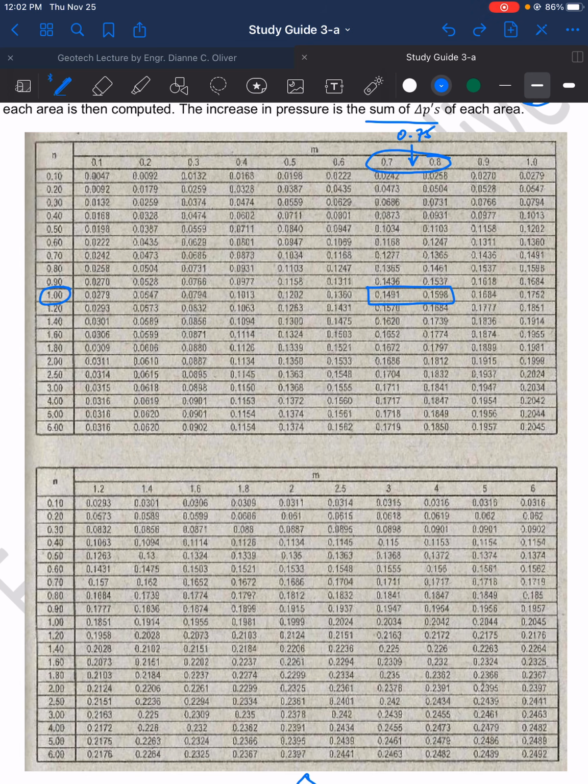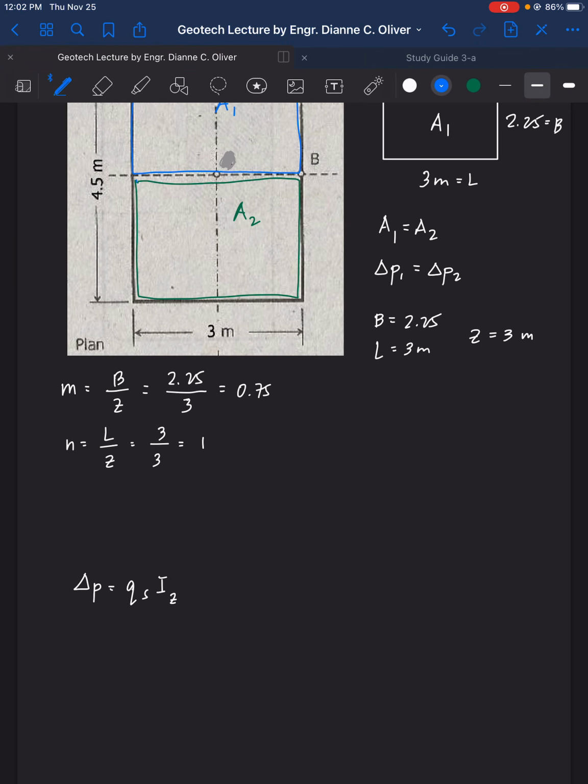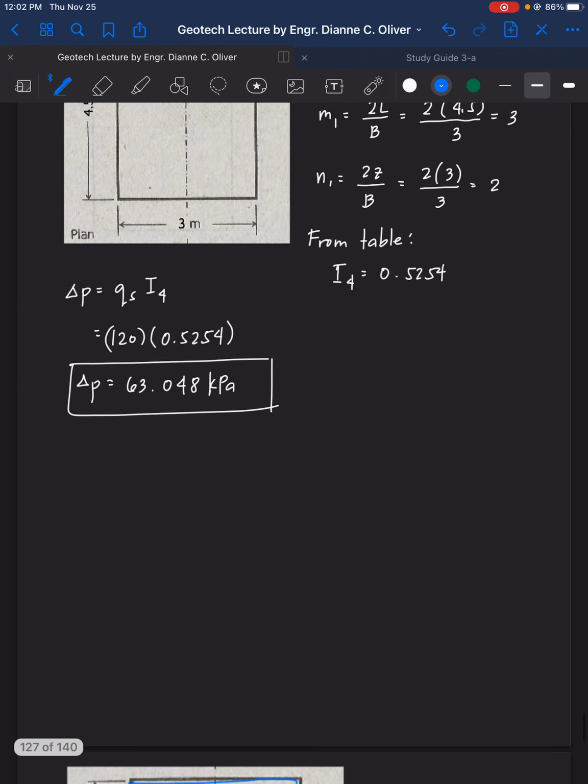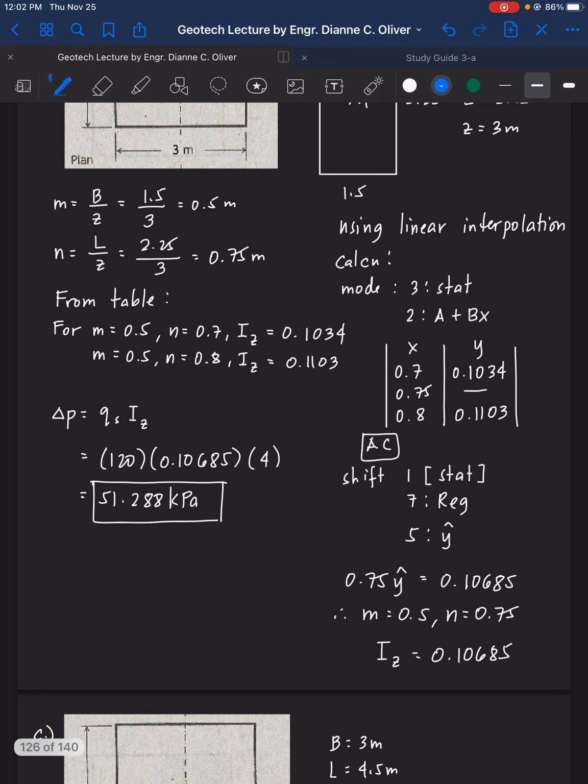But then again, what if we don't get 0.75, rather it's 0.72? Again, we will use linear interpolation, just as we did a while ago.